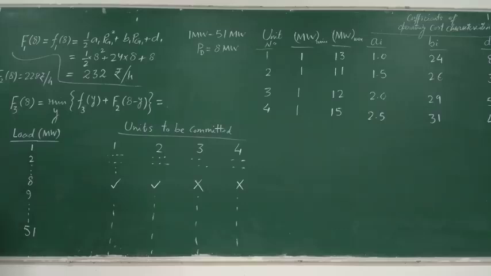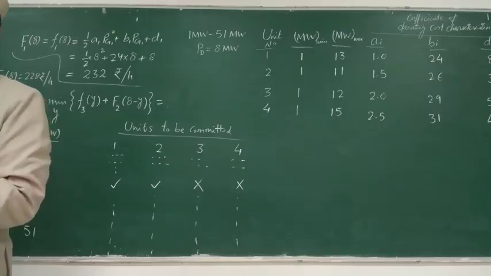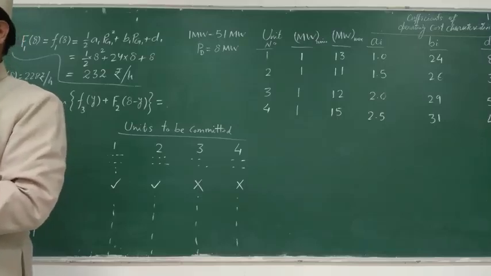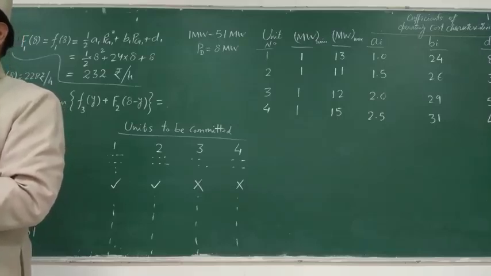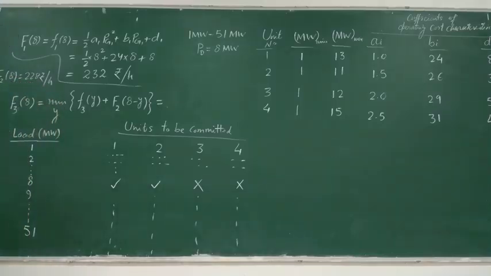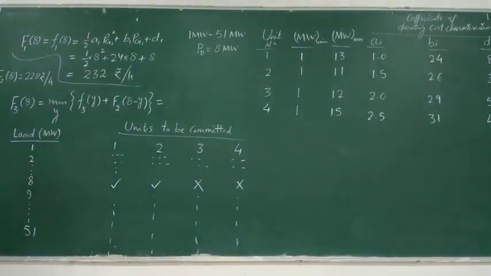What will be step number 2? Once a particular combination of units is selected, you will load each unit optimally to meet that demand. That we covered in optimal load dispatch. Are you getting? So finally, we will have one table. It is not necessary that for each demand you will have a different combination of units.